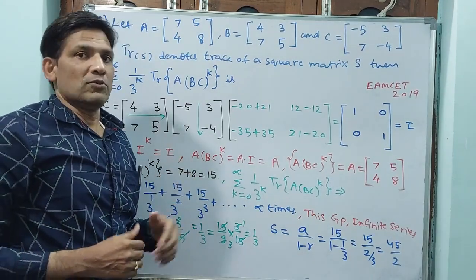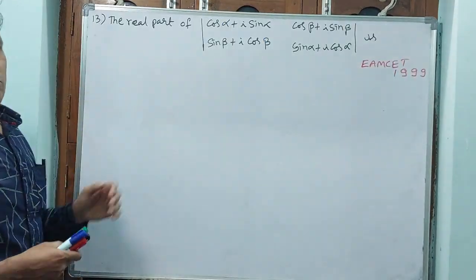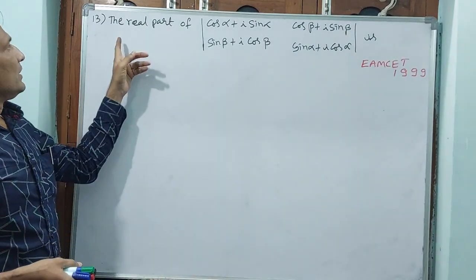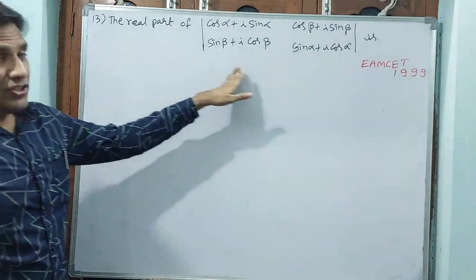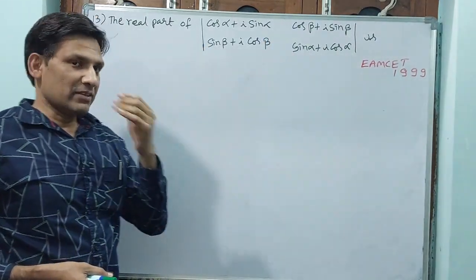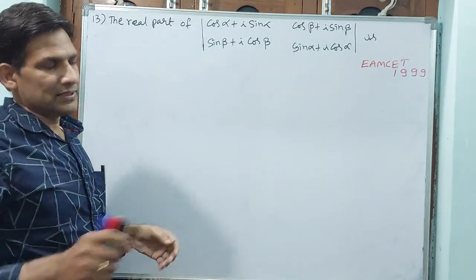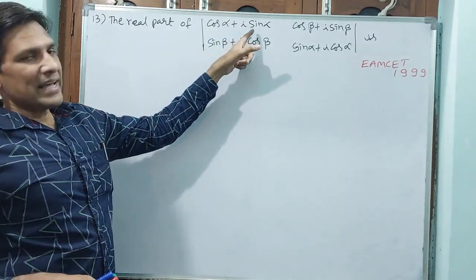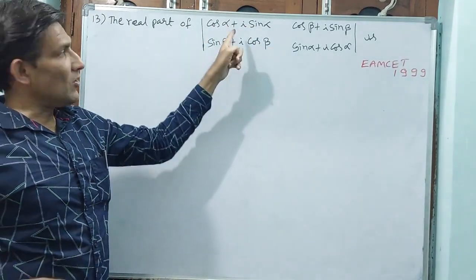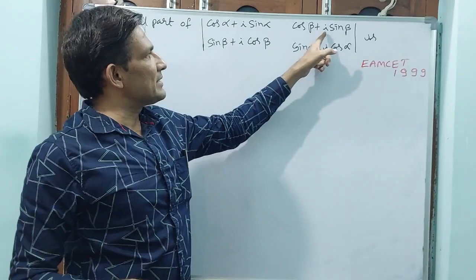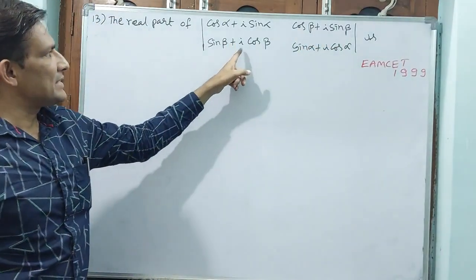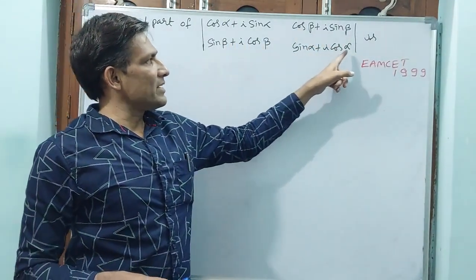Let us go for the 13th question. Question number 13: the real part of, see, this is not a matrix, this is a determinant, the determinant of cos alpha plus i sin alpha, cos beta plus i sin beta, and then i cos beta, sin alpha plus i cos alpha.